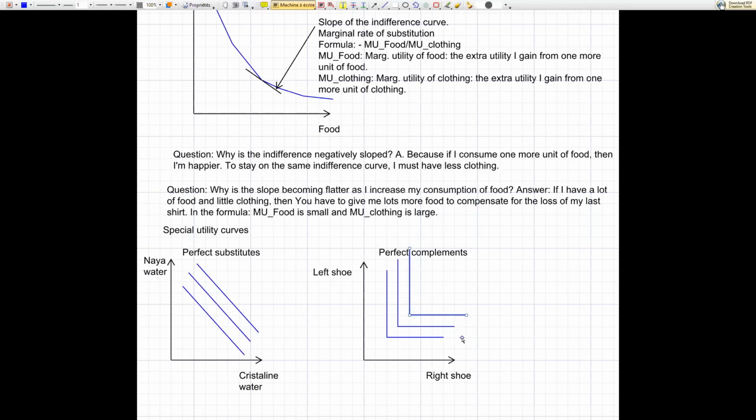I'm at the same level of happiness as before. The only way to increase my level of happiness is to give me one left shoe with my right shoe. So that's how perfect complements work. They are extremely linked together actually. That's the opposite of perfect substitutes. They have to be used together. Does that make sense?